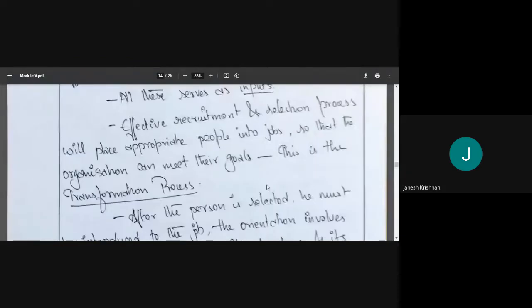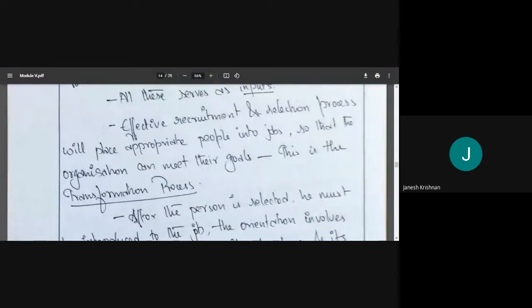Then the effective recruitment and selection process will place appropriate persons in the job so that the organization can meet its requirements. This is the transformation process. Once you know what the input is, next you need a good recruitment and selection process.